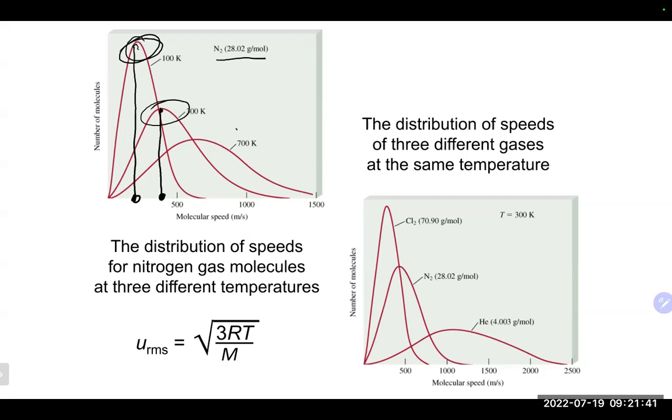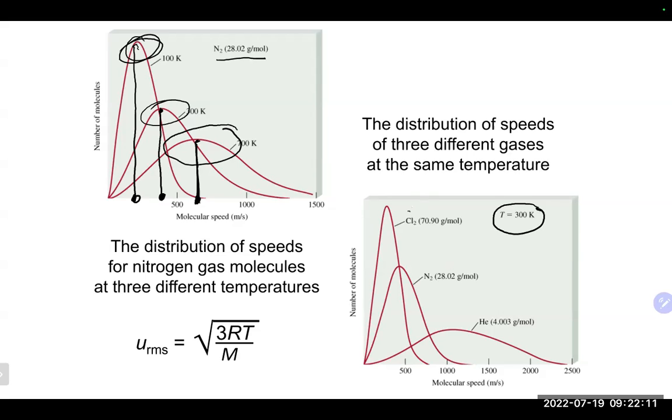And when we hit 700 Kelvin, we've got a greater proportion of molecules that have more energy, and the speed increases. So for nitrogen, the same gas at 3 different temperatures, the speed of the gas does increase as it picks up more temperature.